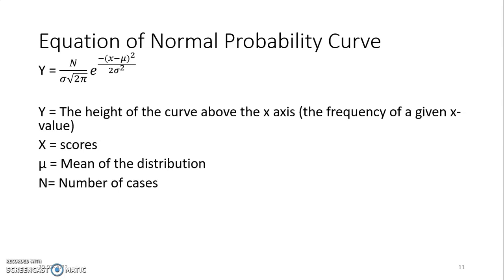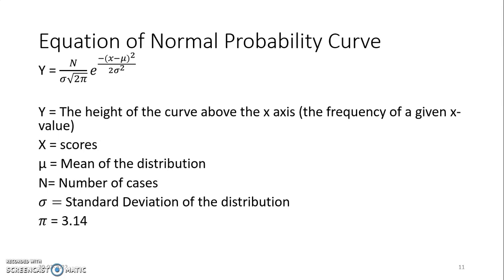N is the number of cases. So if you are counting how many people suffered or something like that, this is the number of cases, just like n number of trials in the binomial distribution. Sigma is the standard deviation of the distribution. Pi is 3.14 and e is 2.718.